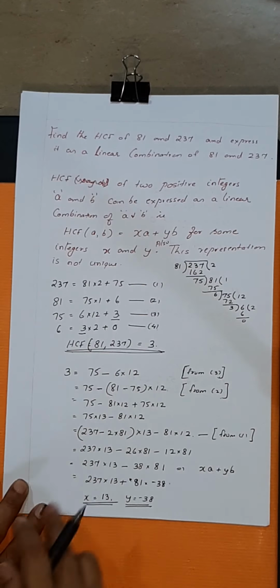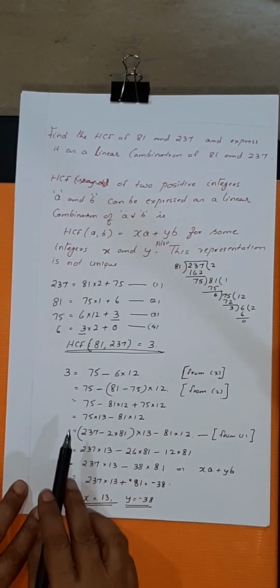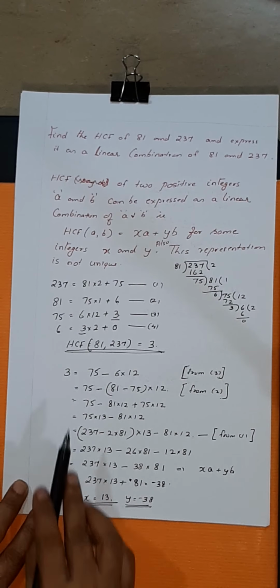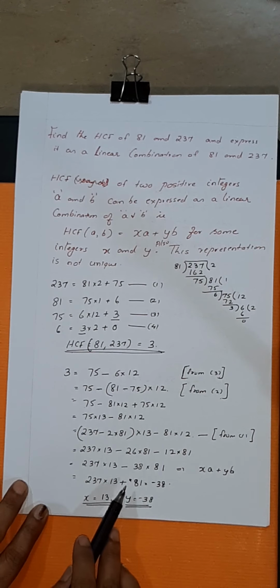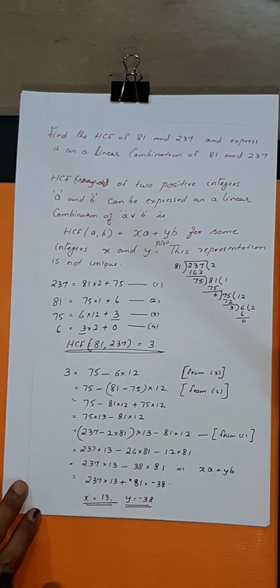Be careful in your calculations and simplifications, and then finally you will get it. So you are bringing it to some 237 into some number plus 81 into another number. So that is a linear combination.